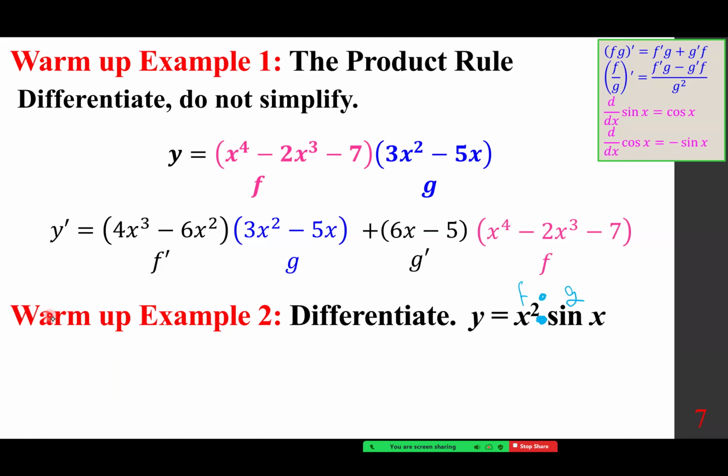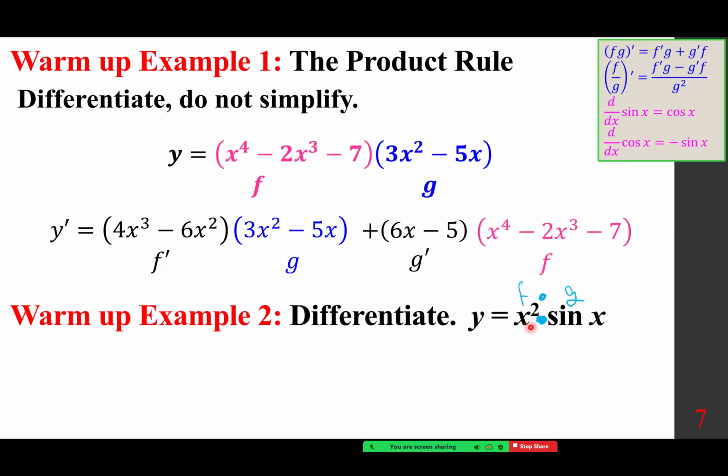Again, shorthand notation. So I am looking at the product of x squared and sine x. Therefore, I must use the product rule. (fg)' is f prime g plus g prime f.